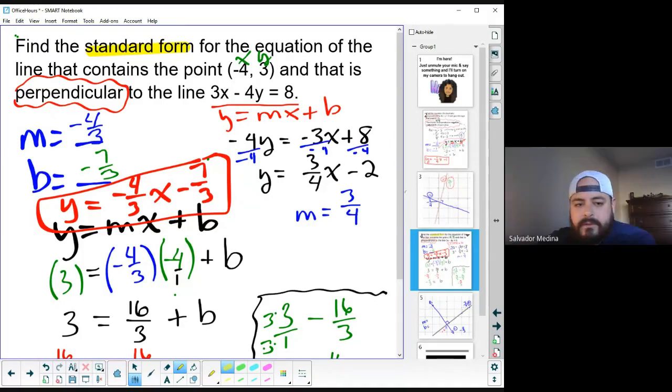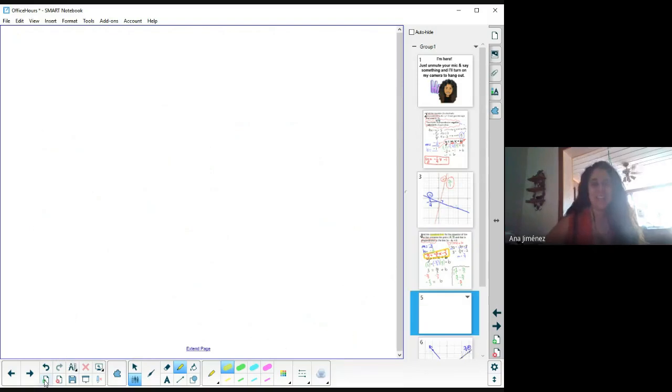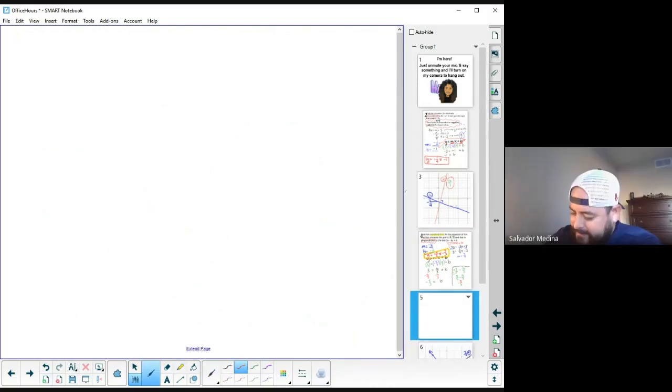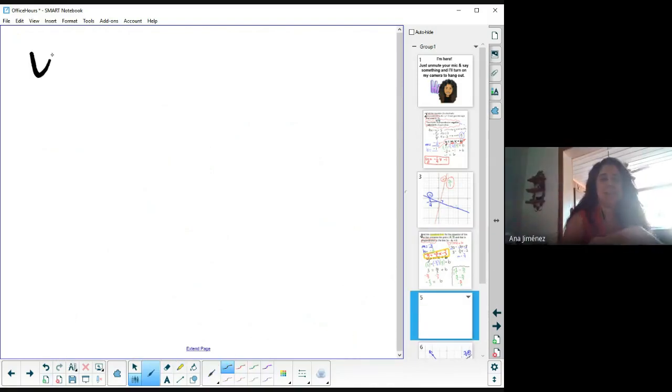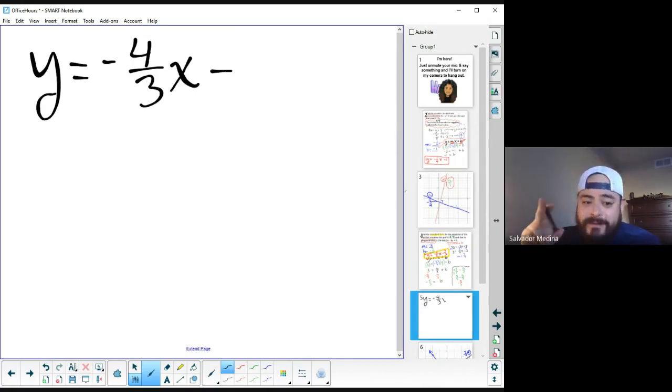So here's the equation, and we're going to take a moment and write that in standard form. I'm so sorry about screaming. It was y equals negative 4/3 x minus 7/3.